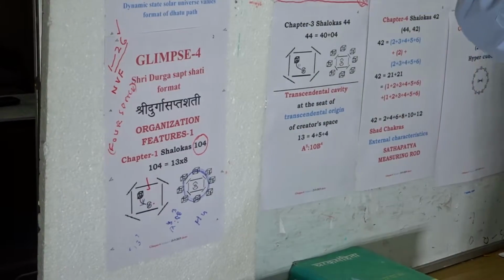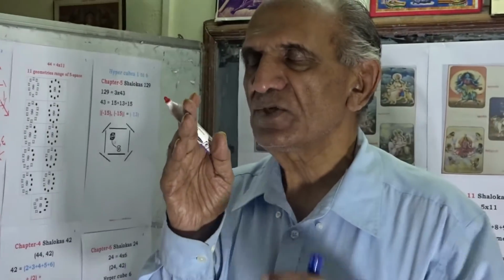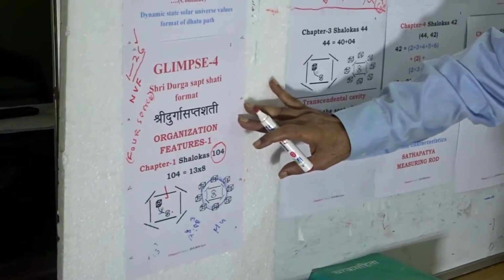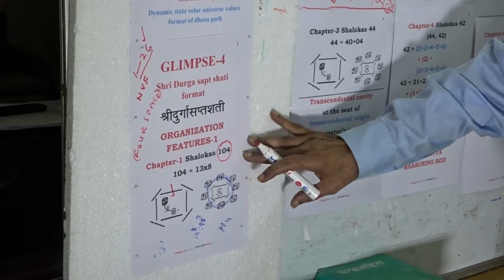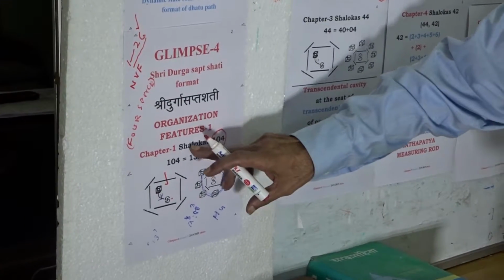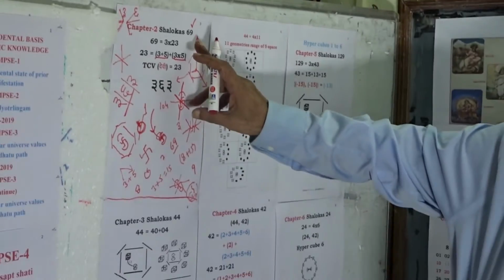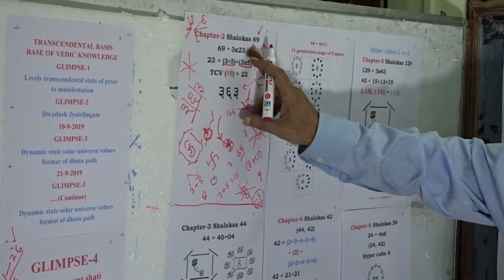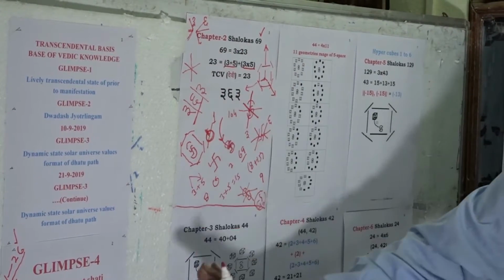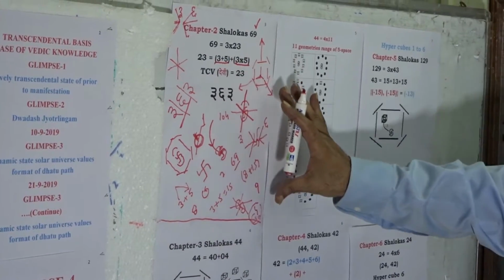Therefore, we shall sit comfortably and try to be face to face with this organization features, and let us open a new page and let us mention these features as the organization feature of 104 values for the shlokas range of chapter 1 and its transition to value 69 as shlokas range of chapter 2, and these all features happening in between.